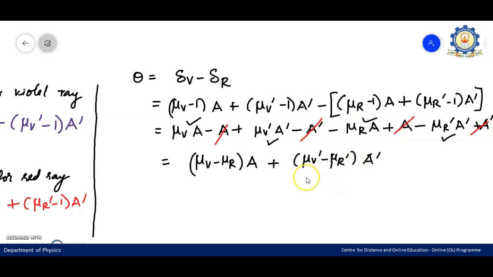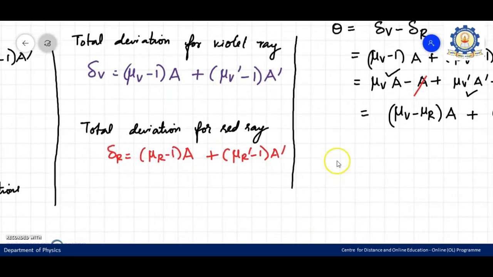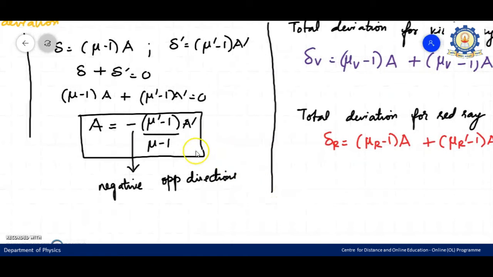In the second term, I am going to make one inclusion, that is I am going to multiply and divide by mu minus 1 divided by mu prime minus 1. In the second term, as it is, I am going to keep, but one modification I said earlier, I am going to replace this angle of the prism of flint using the equation. Already we have written the equation for A. So let me copy down this expression.